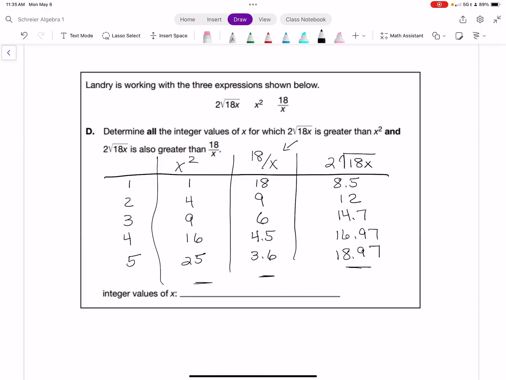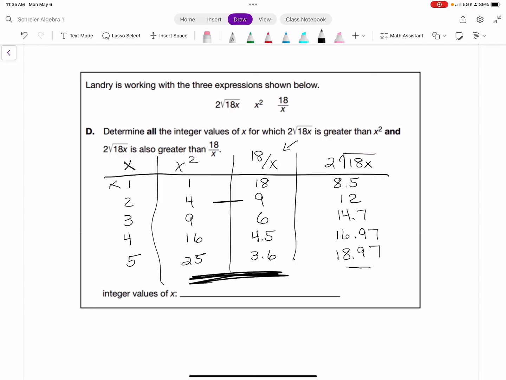So for this x value, we want these 2 columns to be smaller than this. For x equals 1, that does not happen because 18 is more than 8.5, so it doesn't work for that. For 2, these are both less than 12.